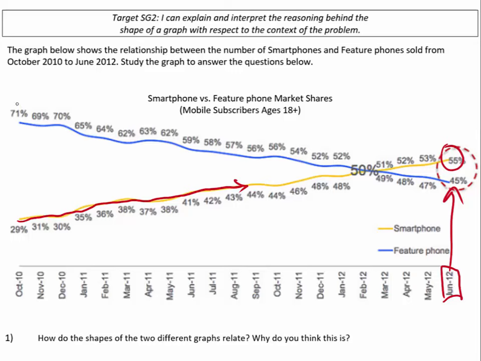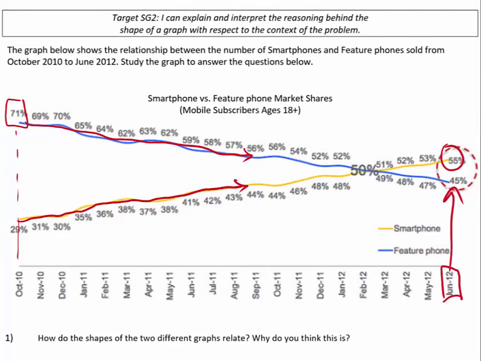Feature phones started off with quite a bit of popularity, 71% it said, and that was back in October 2010. So not that long ago.